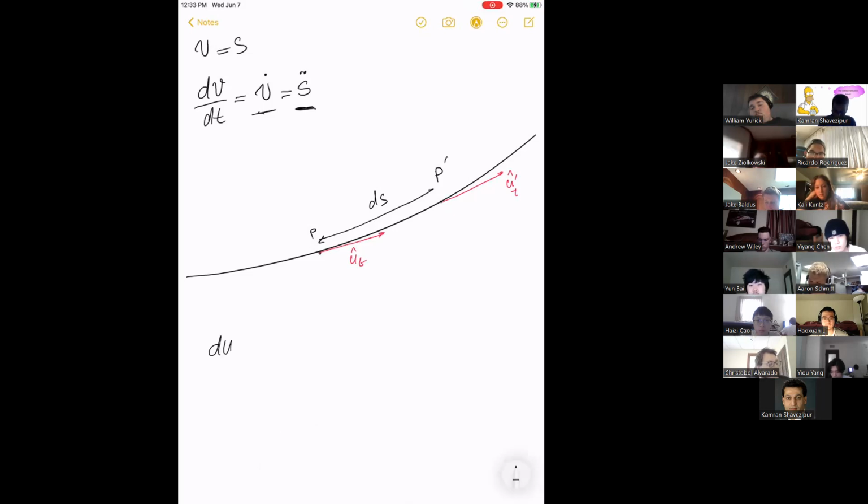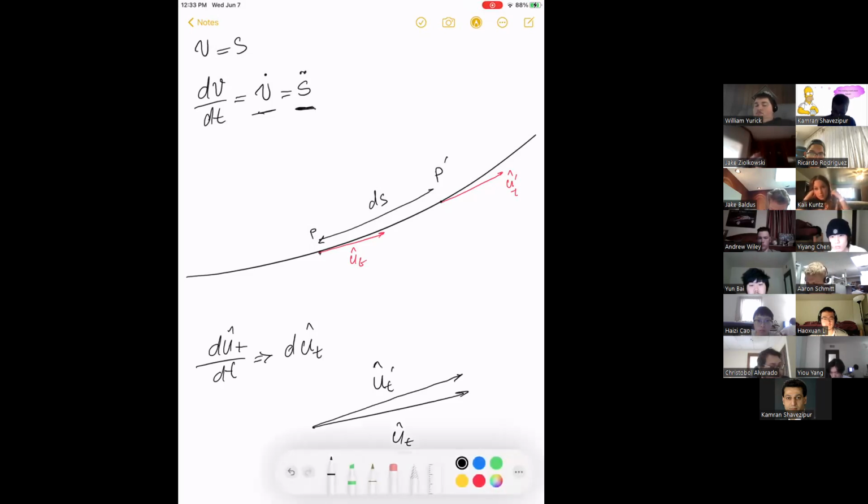So dut dt, I have to find dut first, right? Which means the change of the vectors. If I redraw them side by side, this is like ut. This goes slightly up and becomes like that. Right?